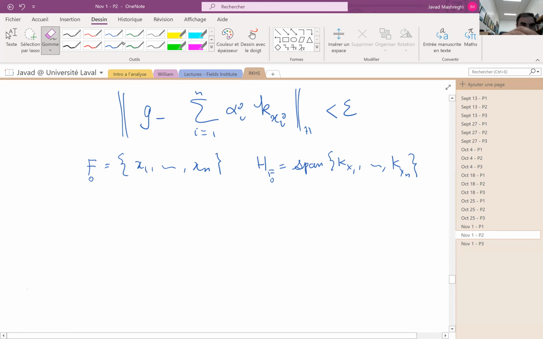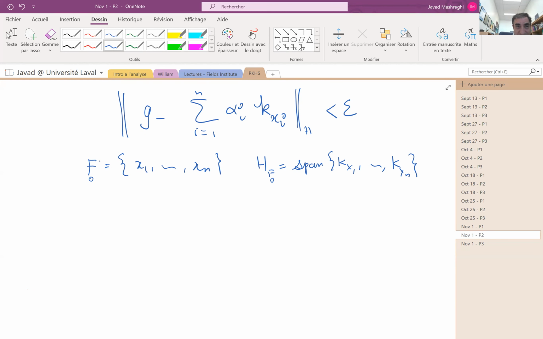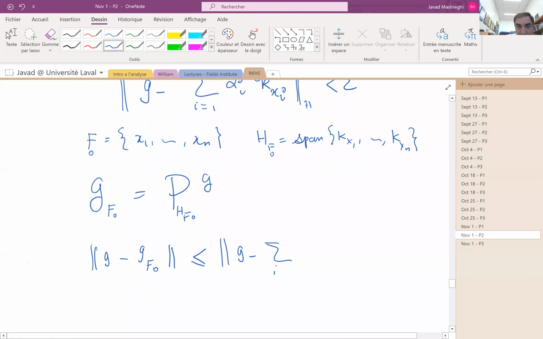Okay. I don't say that the combination I obtain is the projection, but I know that the projection is the best one. I mean, if I consider g_{F0}, which means the projection of g onto this space, then I know that the norm of g minus g_{F0} is less than or equal to the norm of g minus anything in that space, the sum i from 1 up to n of beta i k_{xi} for any beta i.